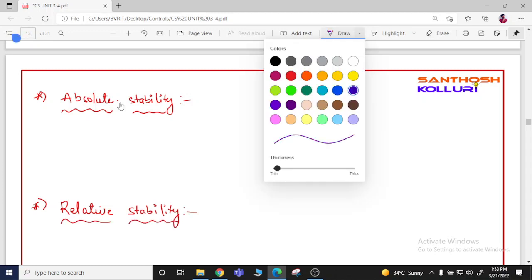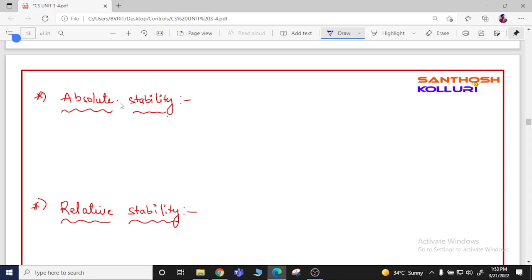Absolute stability means it gives only yes or no information regarding the stability of a system.